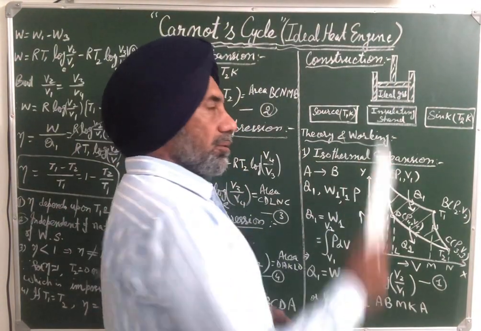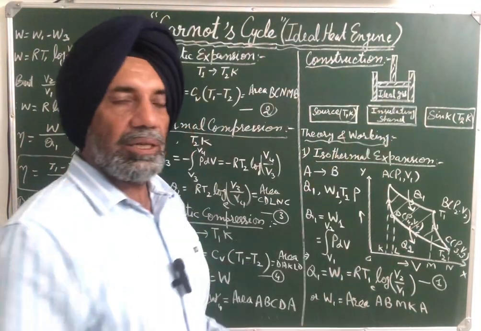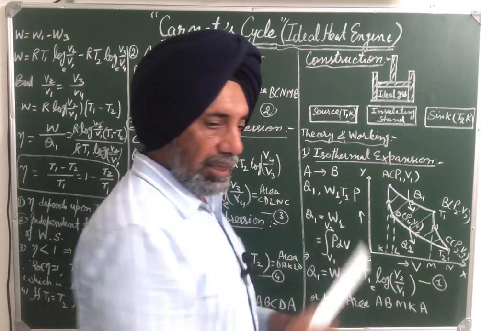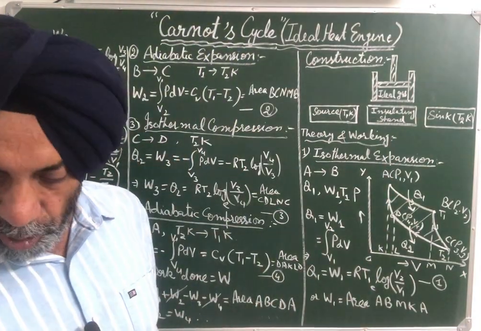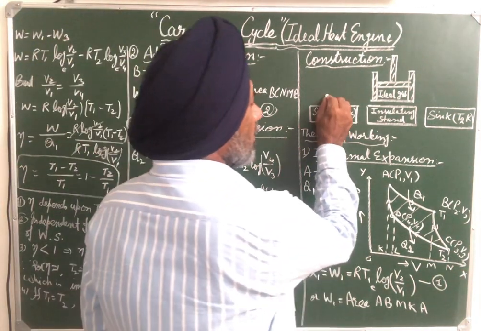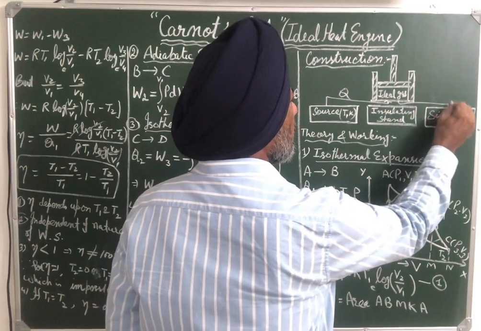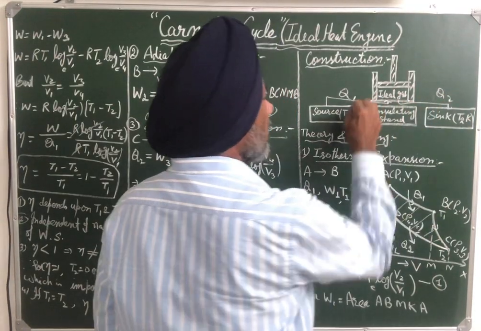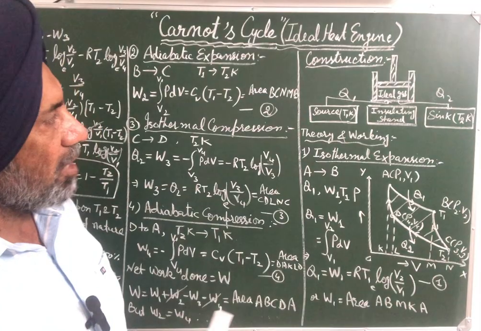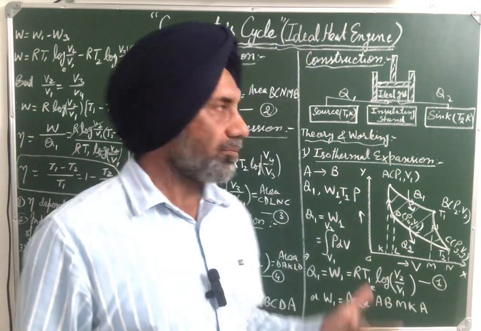Now, as it is in thermal contact with the source, heat flows from the source into the cylinder, so that temperature is kept constant, which is T1.